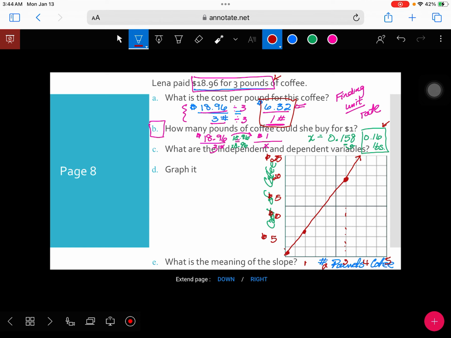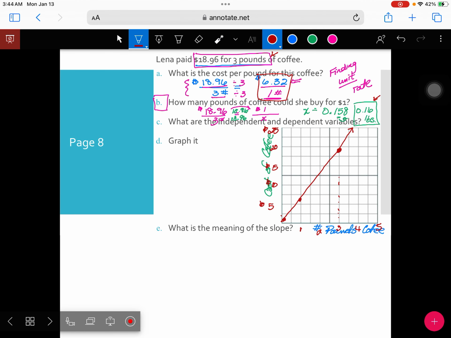So if you believe it to be like I did, so if X is equal to the number of pounds of coffee, okay, and Y represents the cost of the coffee, then the slope is the change in the cost divided by the change in the pounds of coffee.